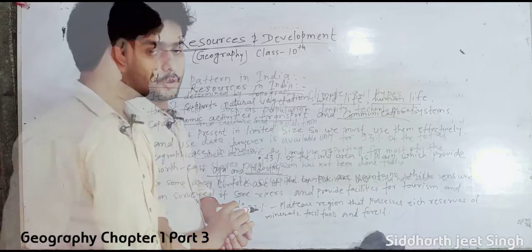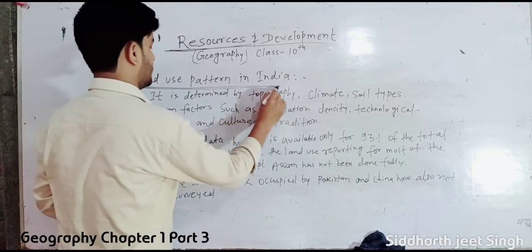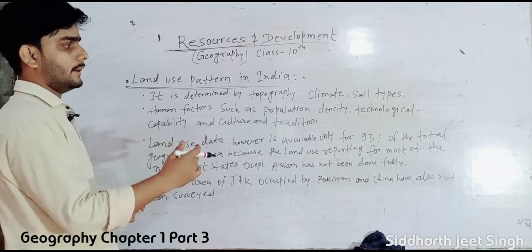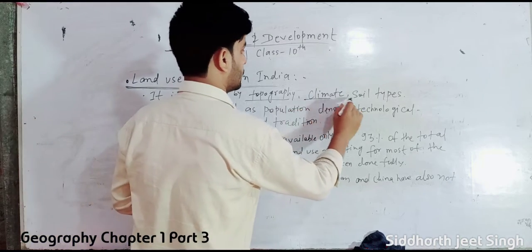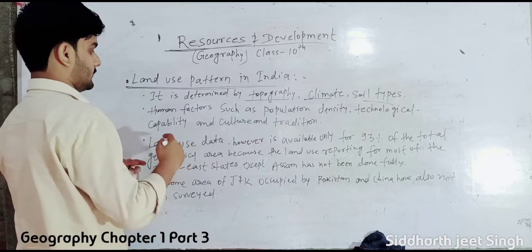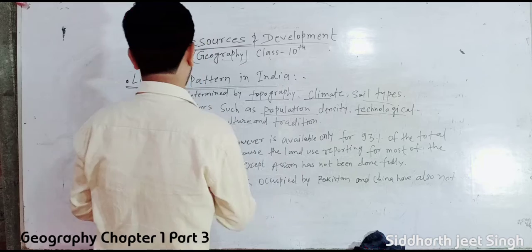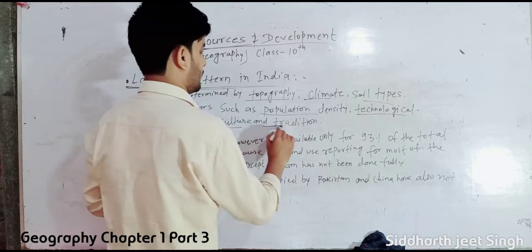Now we will see the land use pattern in India. Land use pattern is determined by topography, climate, soil types and some human factors such as population density, technological capability, culture and tradition.